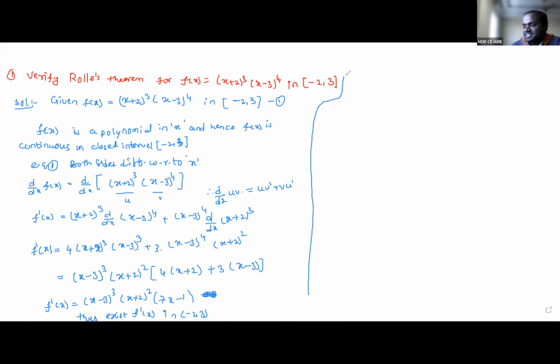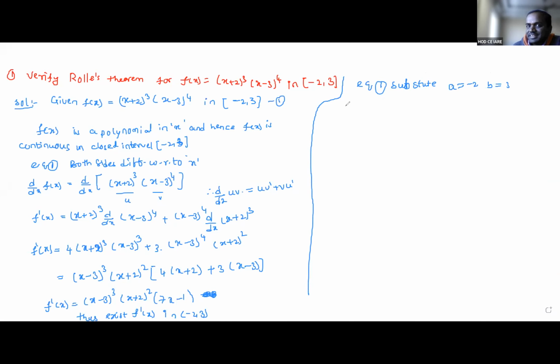So next condition, third condition, f of a is equal to f of b. So here, equation 1, substitute. Here a is equal to -2 and b is equal to 3.